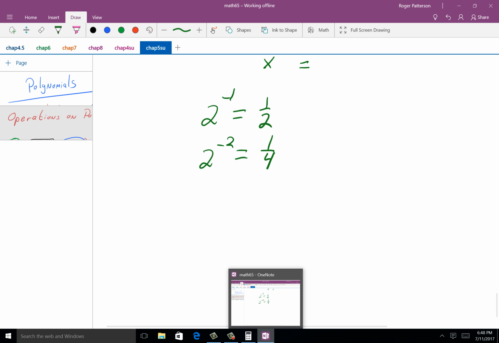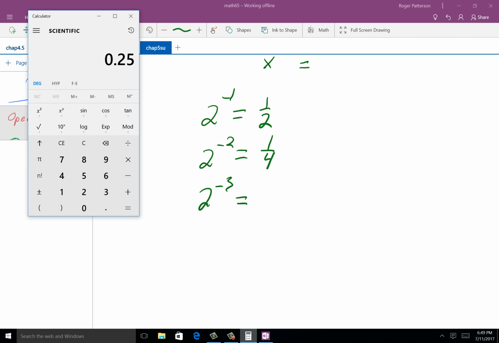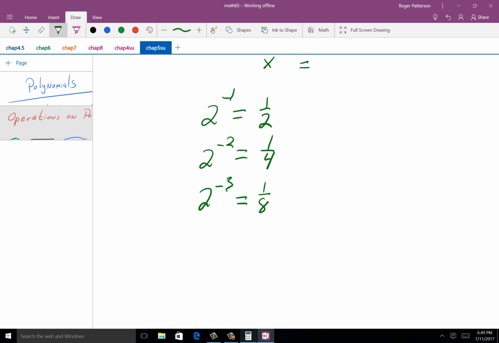And we'll start to see a pattern. 2 to the negative 3 equals 0.125, which is 1/8. Does anybody see what's going on with the negative exponent? What's changing?